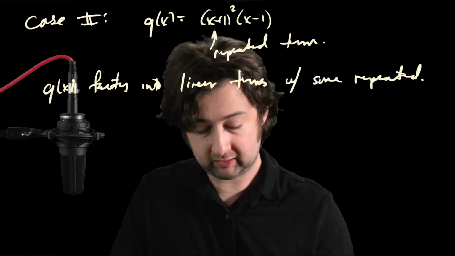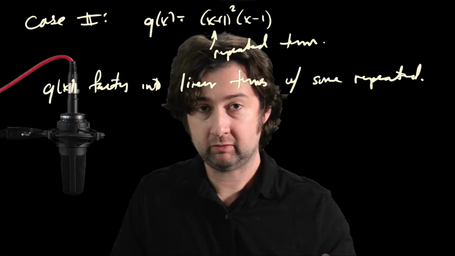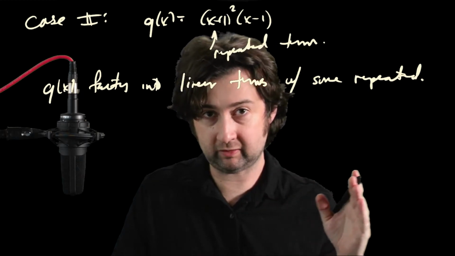The way that we do that is, for each copy of the repeated power, we get a different fraction with that denominator.